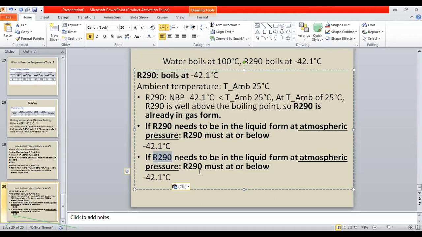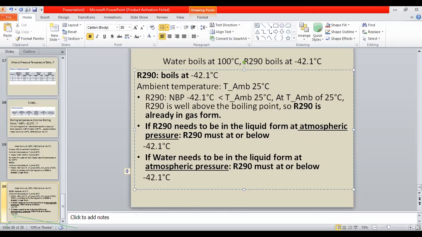I can write the same. If water needs to be in the liquid form at atmospheric pressure, water must be at or below 100 degrees Celsius.